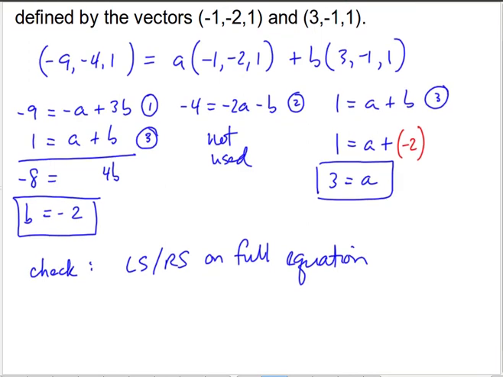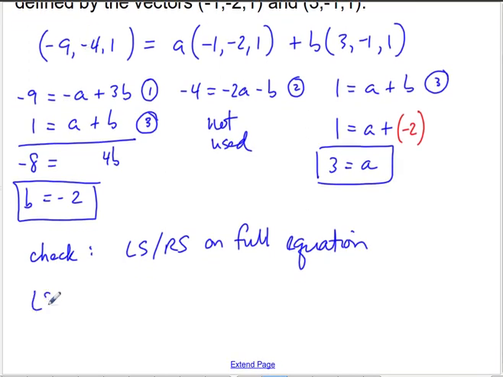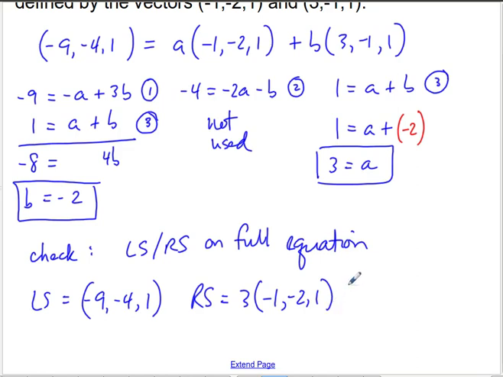So the left side on my equation is equal to -9, -4, 1. My right side on my equation is going to be a, but a was equal to 3. So that's going to be 3 times -1, -2, +1, plus b, but b is -2, so that's actually -2 times 3, -1, +1.